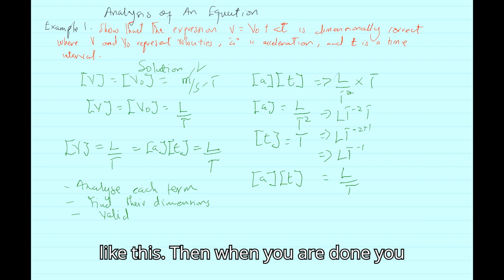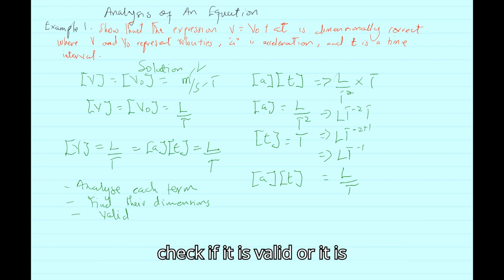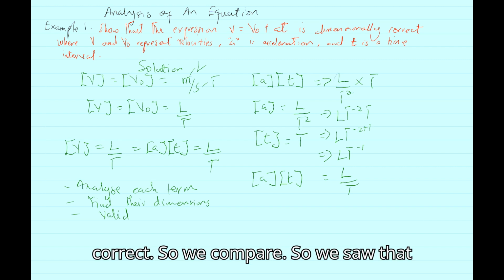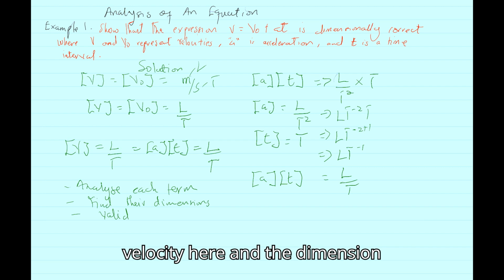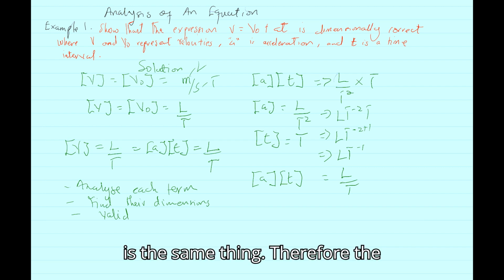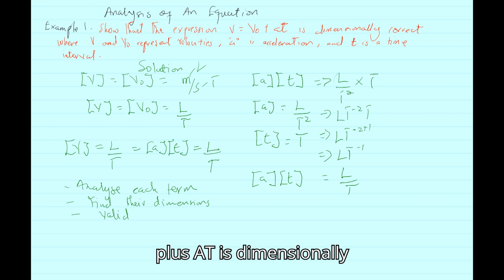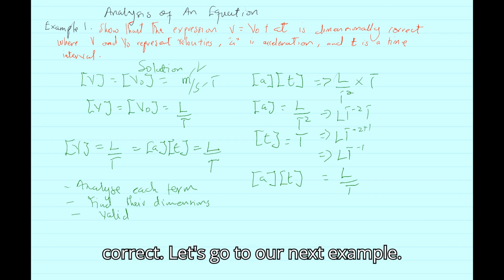Then when you are done, you check if it is valid or correct. So we compare. We saw that the dimension of velocity and the dimension of acceleration times time is the same thing. Therefore, the expression v equals v naught plus at is dimensionally correct. Let's go to our next example.